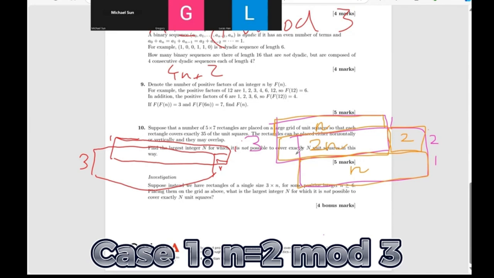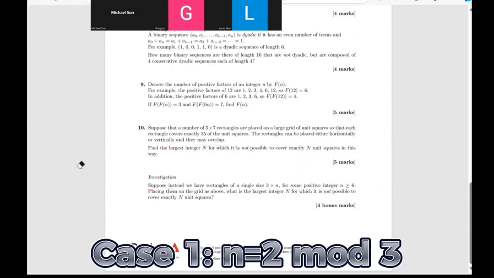Alright, now we want to prove we can't get 4n minus 1. Then we have a bunch of cases.